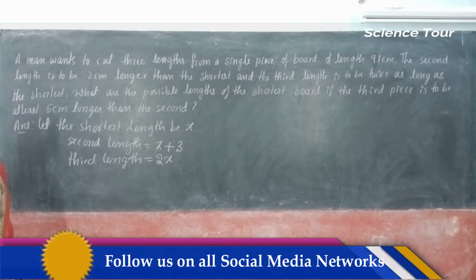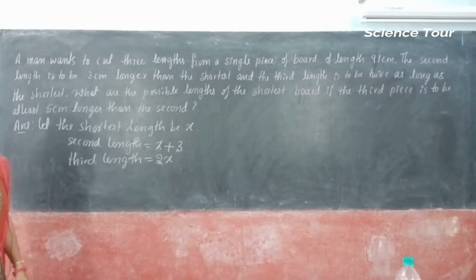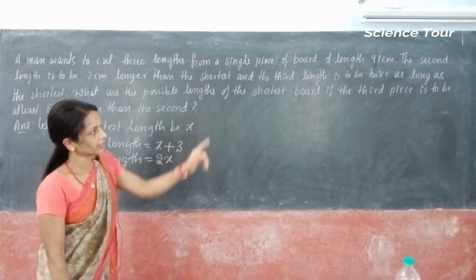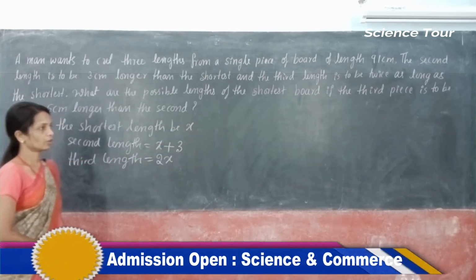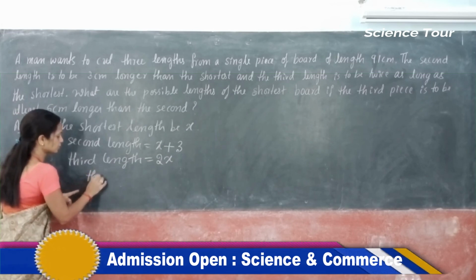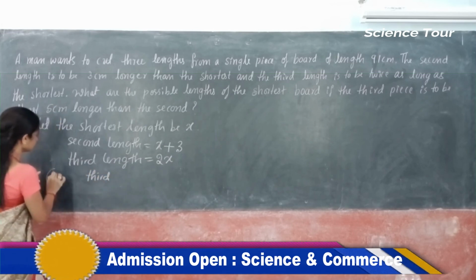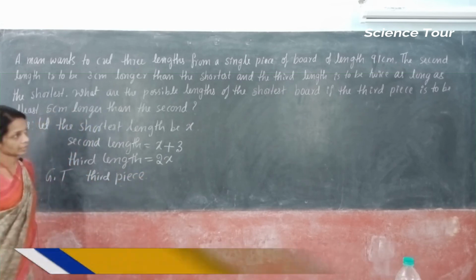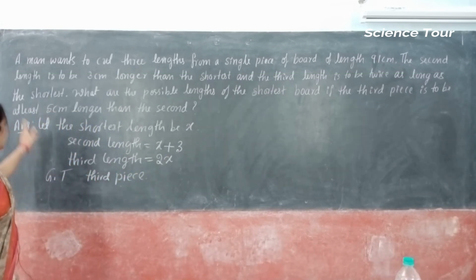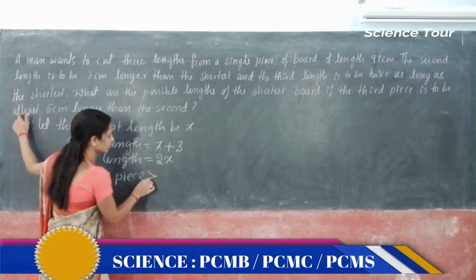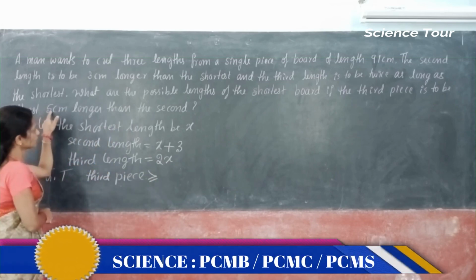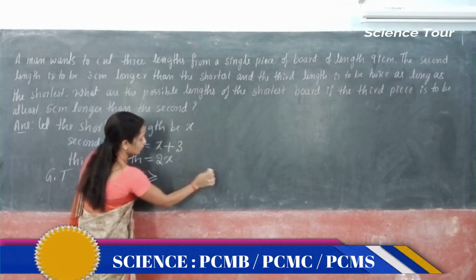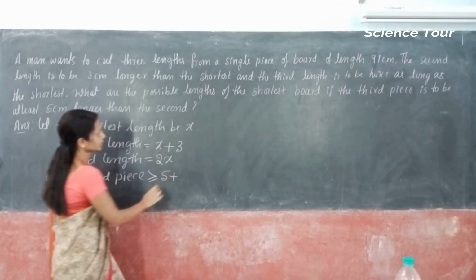And what are the possible lengths of the shortest board? What are the possible values of x such that the third piece satisfies the condition? We are given that the third piece is to be at least, meaning greater than or equal to, 5 centimeter longer than the second.